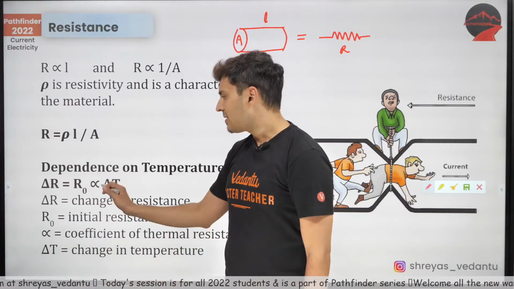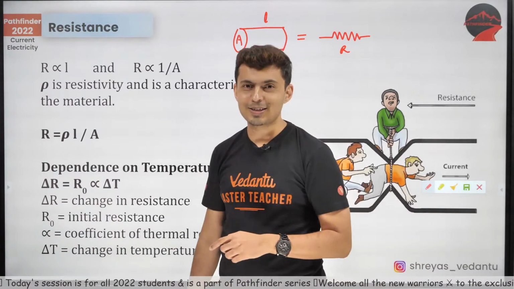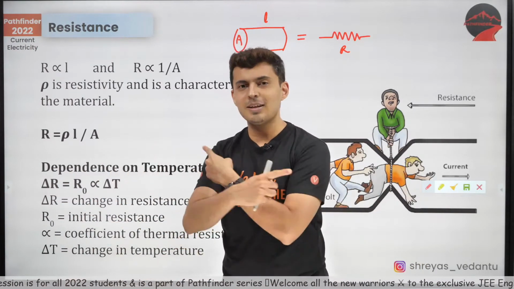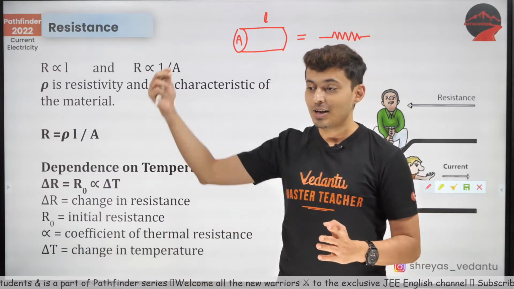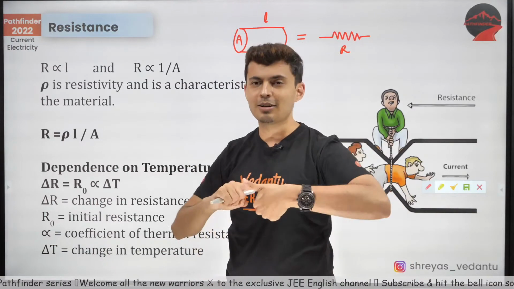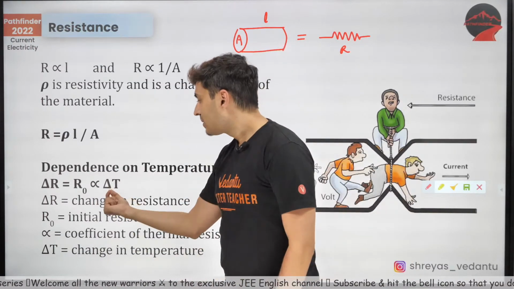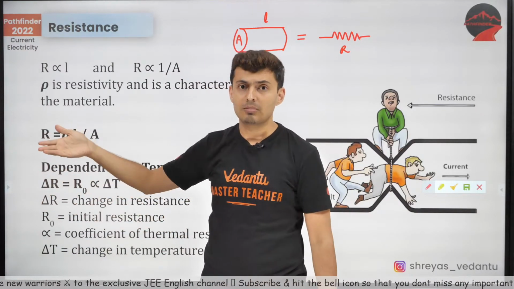Alright. Now, is alpha always positive? Well, there are some materials which exhibit exactly the reverse category. When you increase the temperature, the resistance decreases.